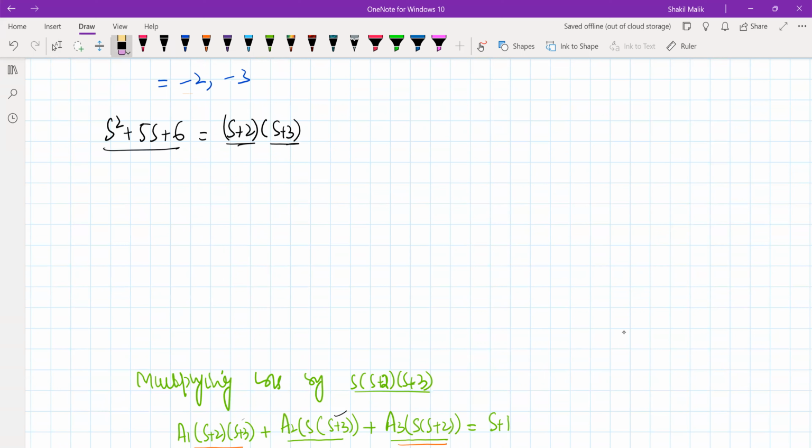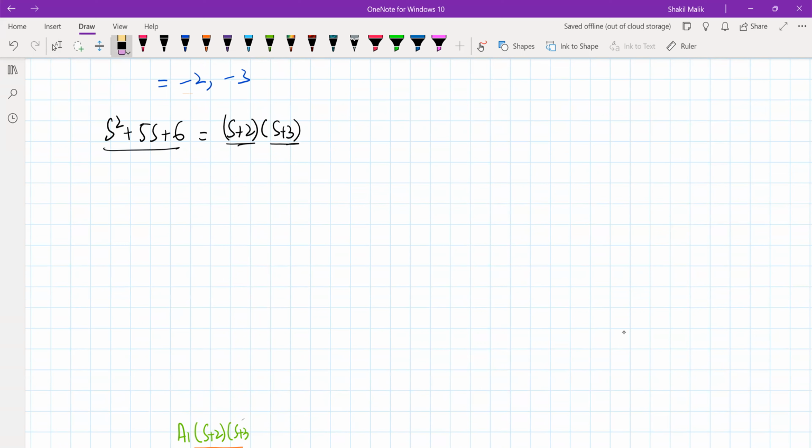So from the original polynomial X of s, we have X of s equal to s plus 1 divided by s into s square plus 5s plus 6. This can now be written as s plus 1 divided by s into s plus 2, s plus 3.